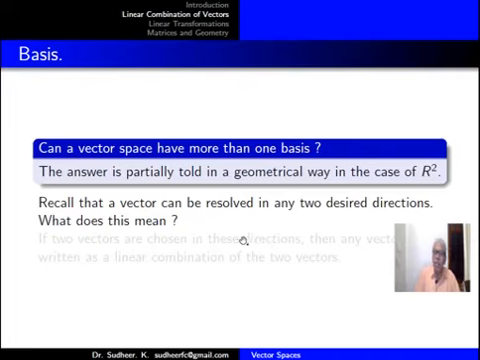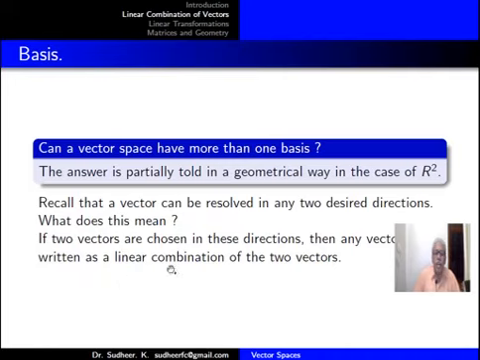And we remark that in the places of u and v, you can take any vector. That means any pair of vectors having certain qualities can be thought of as a basis for R2. So, R2 can have more than one basis. And this happens for any vector space. If two vectors are chosen in these directions, then any vector can be written as a linear combination of the two vectors.